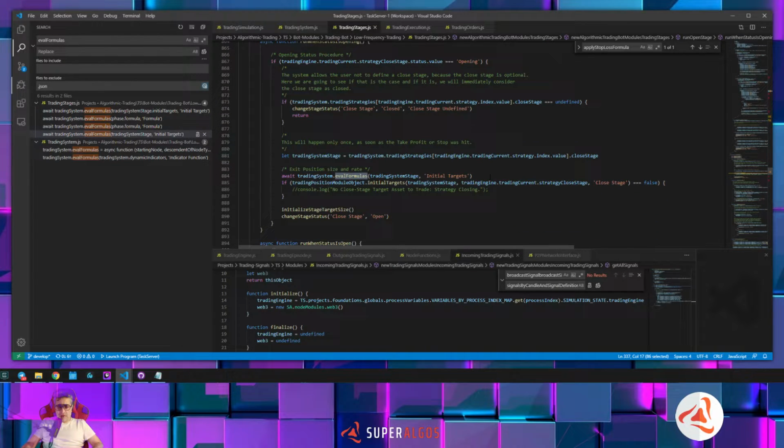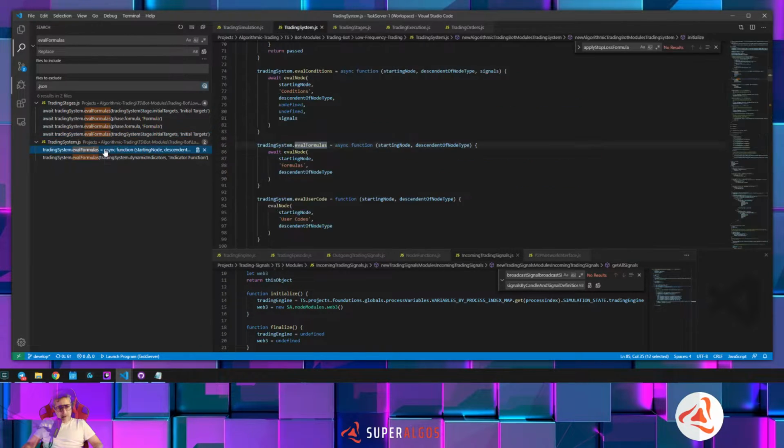But the difference is that we are sending the specific node initial targets there. Okay, so this is the same as this one, and these two are the same also. We are sending directly the phase formula, and this is for calculating the stop loss and the take profit when we are standing at a certain phase. Then the other formulas we need are, well, this is the eval formula definition.